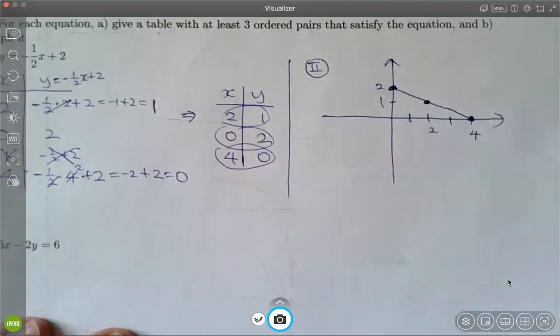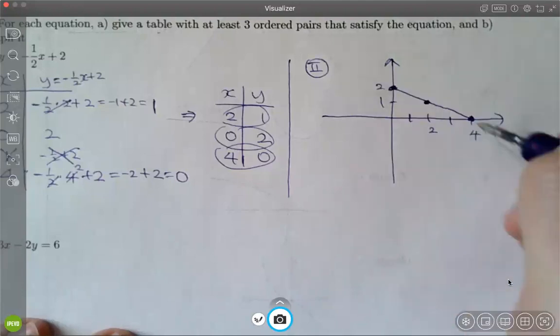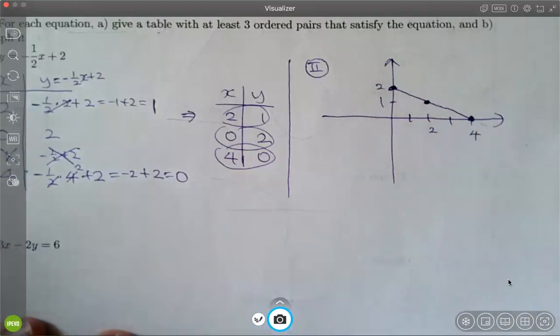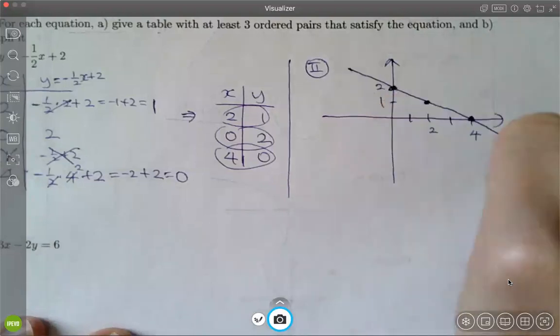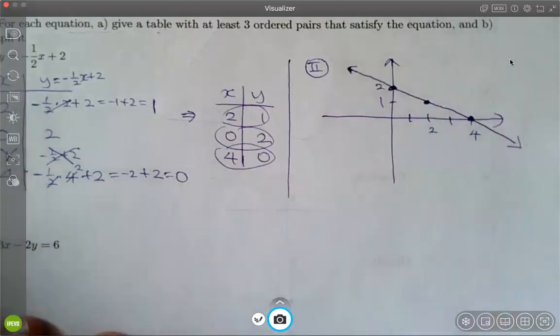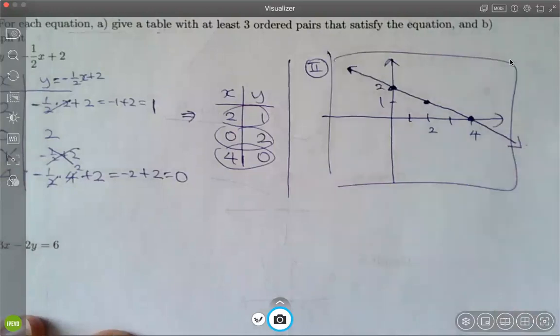Do we extend this graph beyond this point and beyond this point? Do we extend our line? Yes, so extend it both ways. That's why sometimes people put these little arrows. Have you seen that before? They indicate that the line keeps going. So that's the graph.